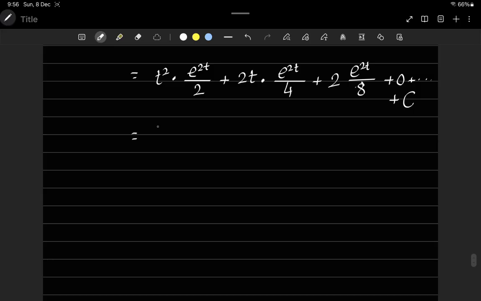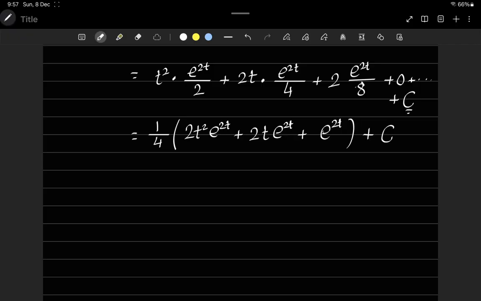So the final solution can be written by cancelling out terms, taking 1 by 4 common: 2t square e to the power 2t plus 2t e to the power 2t, and we should have taken e to the power 2t common as well. So it is e to the power 2t times the bracket, and this constant of integration, plus c.